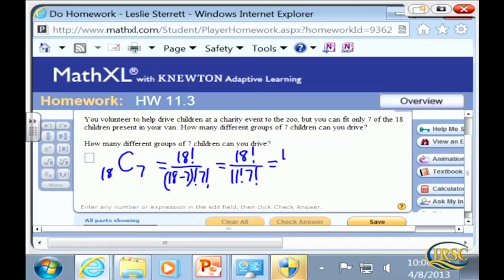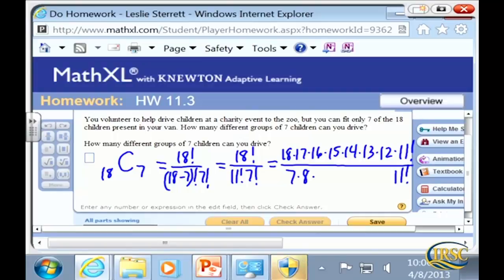So then we can count down 18, 17, 16, 15, 14, 13, 12, 11. Okay, so notice as the numbers get bigger, it gets a little bit more complicated as a problem. So we can count down to 11 because that will cancel with the 11 on the bottom.